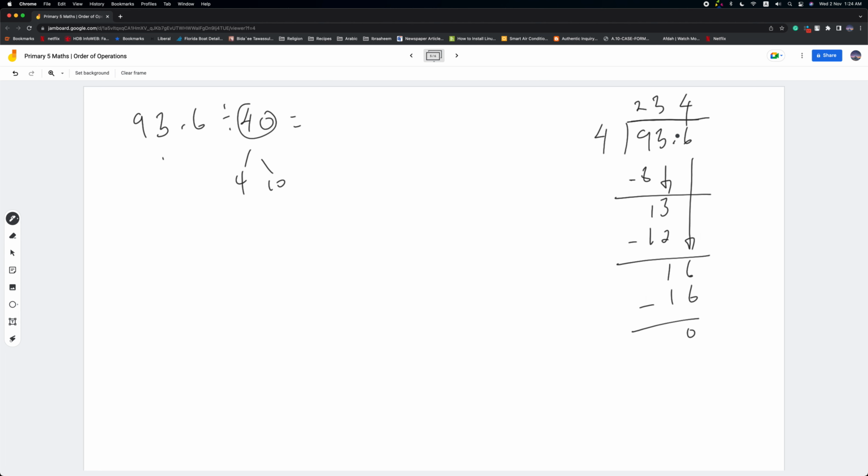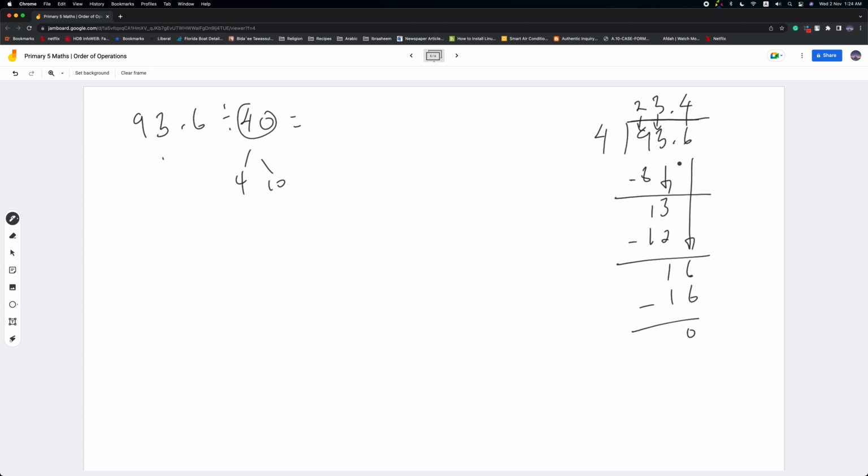But for this case, it's a bit tricky. Why is it tricky? Because sometimes you need to add zeros, sometimes you don't have a number in front. What you need to remember is to make sure when you divide, you keep it in line, so you know that the decimal comes here. Sometimes you need to add a zero.